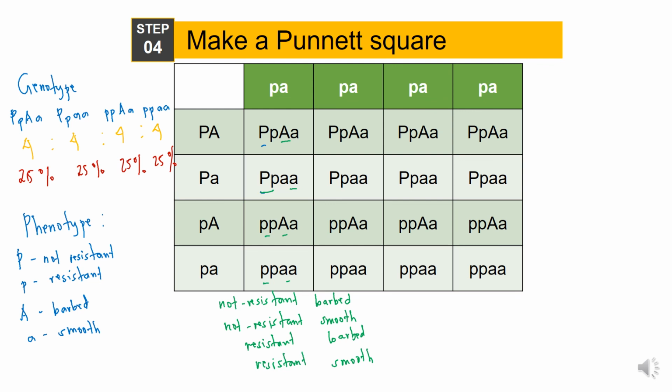So, we have 4:4, right? Yung ratio ng phenotypes na ito would be 4:4:4:4. Okay? Meaning, there would be 25% not resistant barbed, 25% not resistant smooth, and 25% resistant barbed, and 25% resistant smooth.